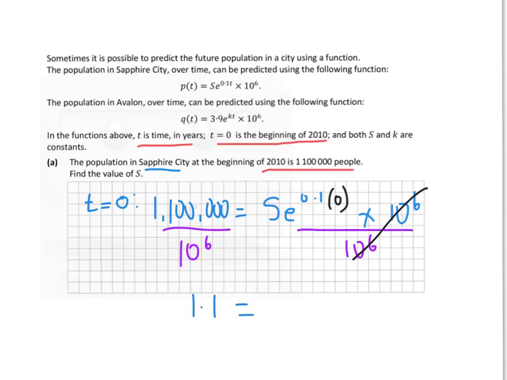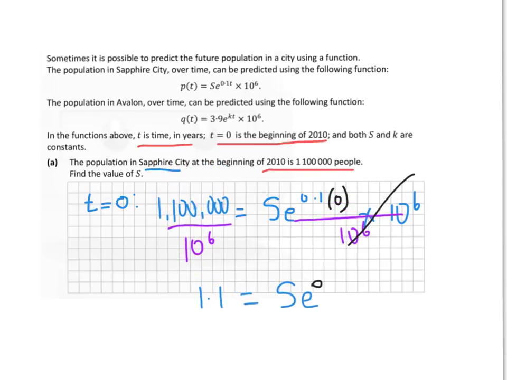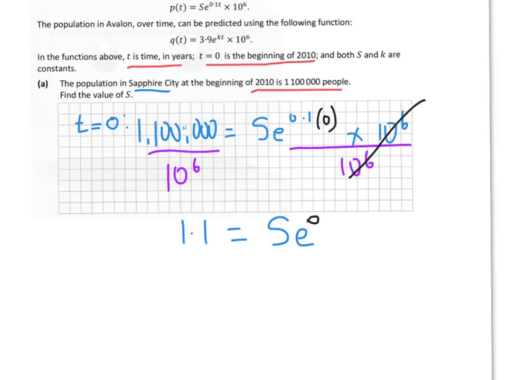Here is equal to s e to the power of, well, 0.1 times 0 is 0. And I know that anything to the power of 0 is equal to 1. So here I'm going to have 1.1 is equal to s times, well, e to the power of 0 is 1. So that just gives me an answer of s is equal to 1.1.